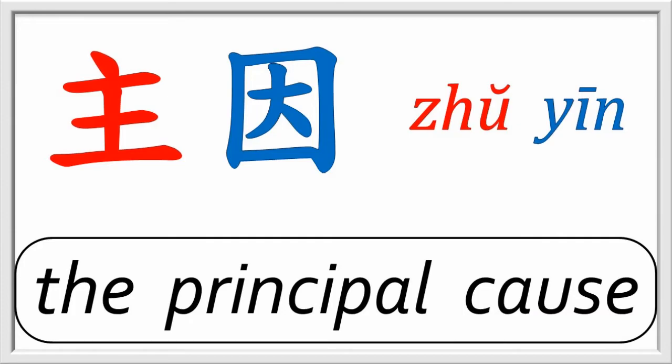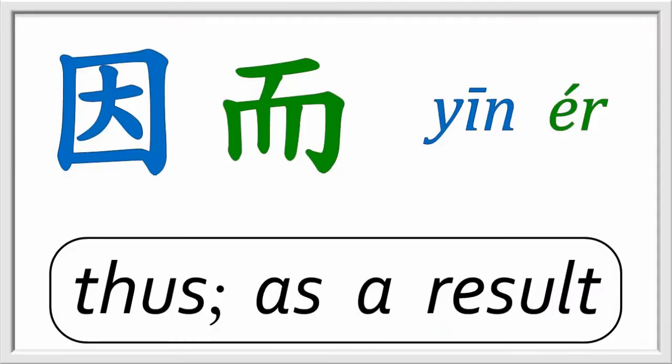It can be translated as in light of, on the basis of, because, or in accordance with. The main reason, the principal cause of something would be rendered 主因. To say as a result or thus, we could use the expression 因而.